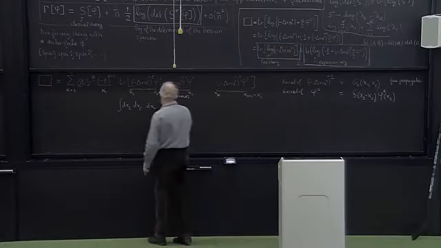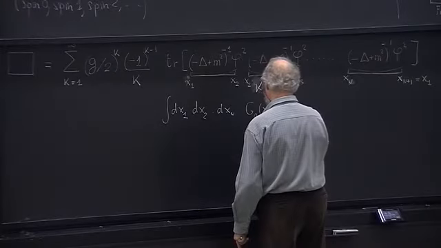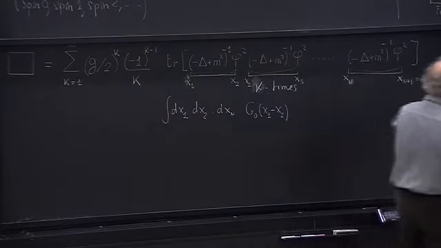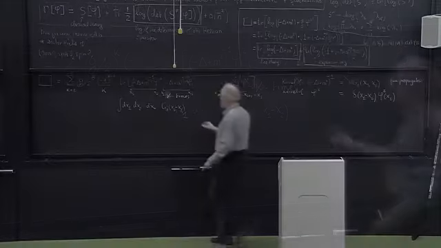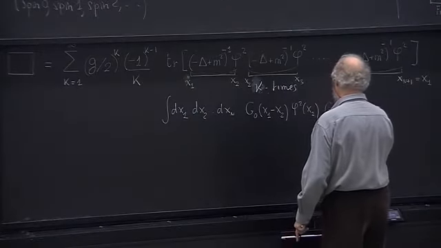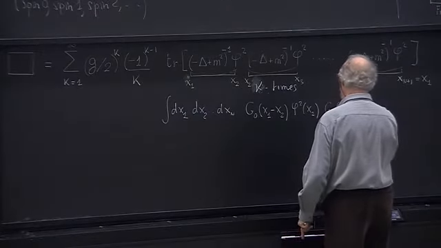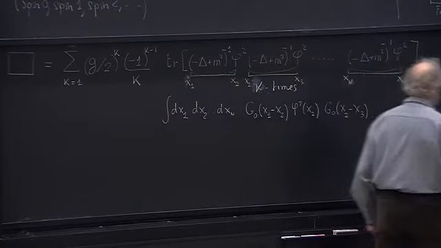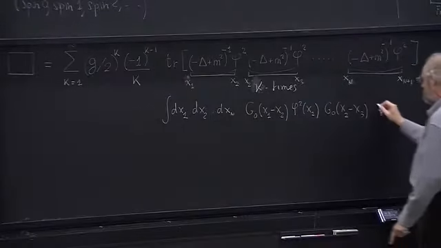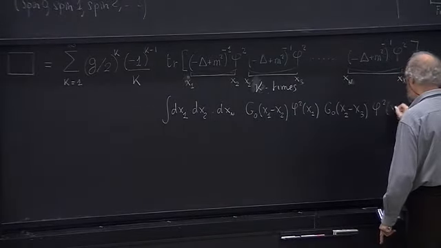So this is g0 of x1 minus x2. Then I have the diagonal element phi squared of x2 times the kernel between x2 and x3 of the inverse operator, therefore the propagator, times phi squared of x3.